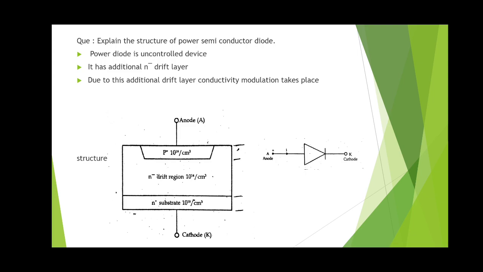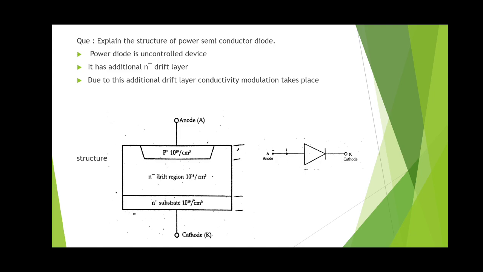The thickness of the P plus and N plus substrate is 10 micrometer and 250 micrometer, and the thickness of the N minus drift region depends upon the breakdown voltage of the diode. As the breakdown voltage changes, the width of the drift region changes.